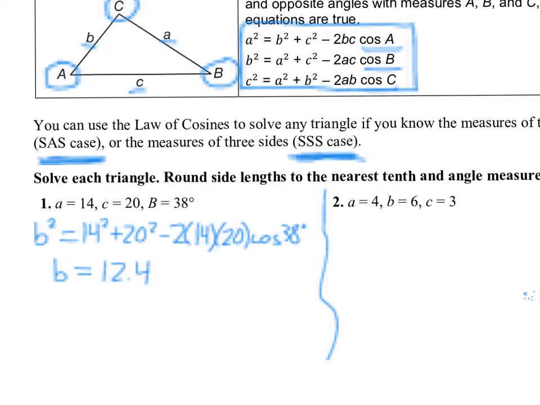So recalling from last lesson, sometimes the law of sines gets the biggest angle wrong, because sometimes there's another angle in quadrant 2 that works. So remember, law of sines sometimes gets the biggest angle wrong.